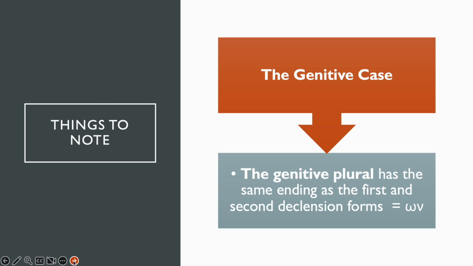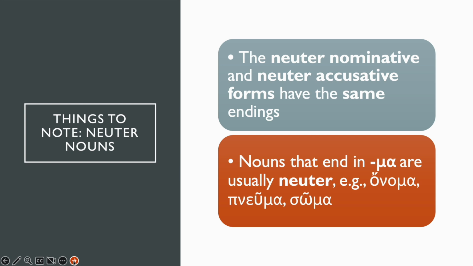That's almost universal, so that's a good thing to remember. Also note, as we've noted already, the neuter nominative and neuter accusative forms have the same ending, both in the singular and the plural. And secondly, all those third declension nouns that end in mu, alpha, ma, are usually neuter.